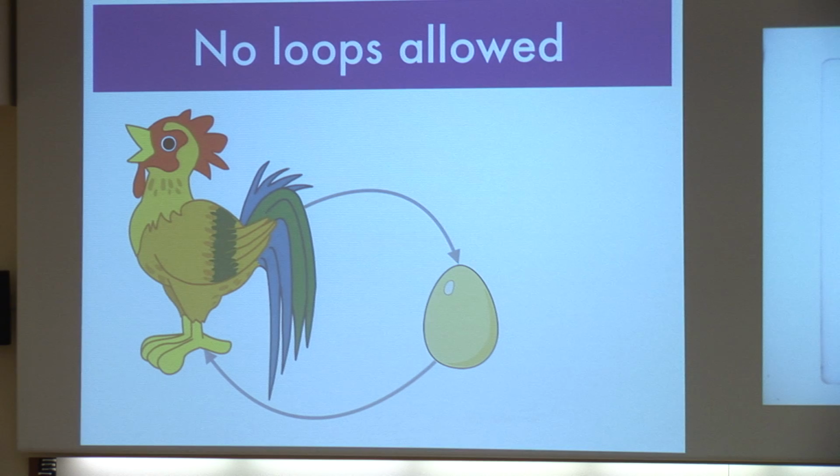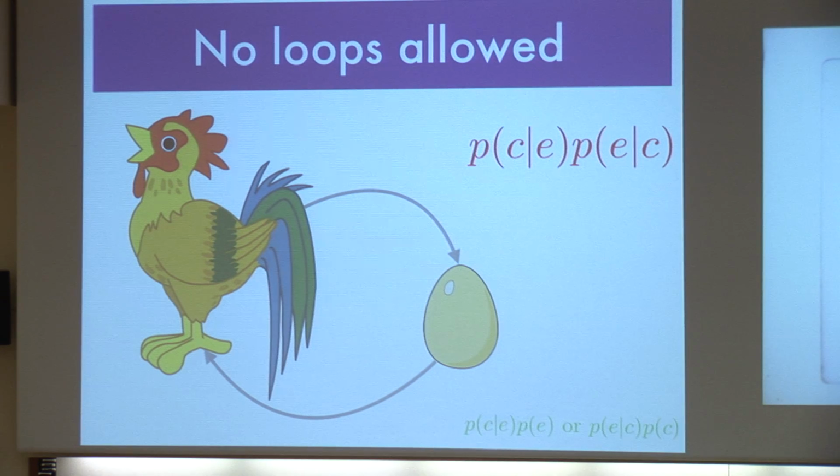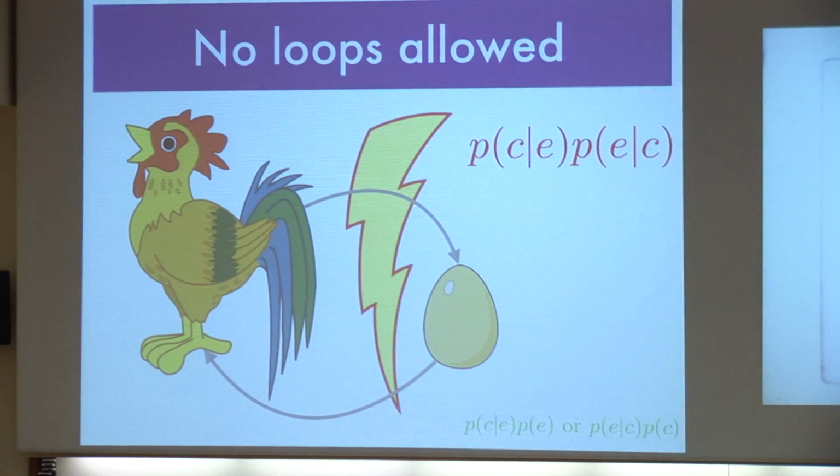And in graphical model speak, that's like writing out something like that: P of chicken given egg times P of egg given chicken. That's not the proper probability distribution. What would be valid is either to ask, well, P of chicken given egg times P of egg, or P of egg given chicken times P of chicken. And so this is a no-no.